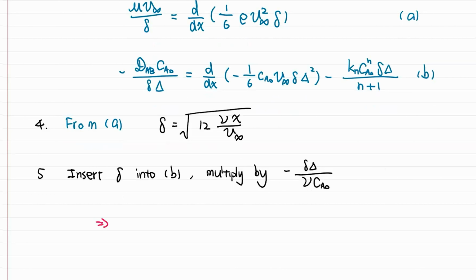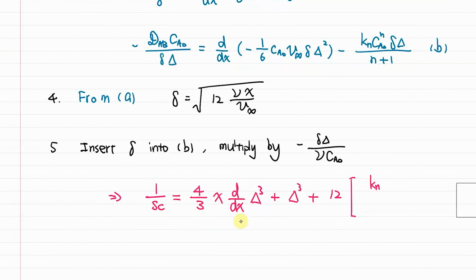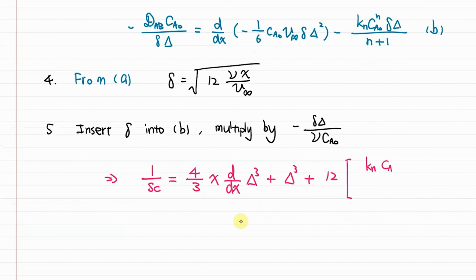We get this important differential equation, which is 1 over Schmidt number equals 4 over 3 times x d/dx of capital delta to the third power, plus capital delta to the third power, plus a dimensionless reaction term, which is Kn Ca naught to the n minus 1 power times x over n plus 1 times v infinity times the second power of the capital delta.